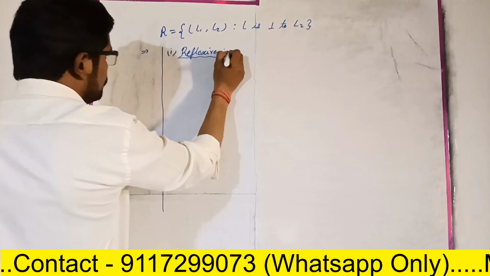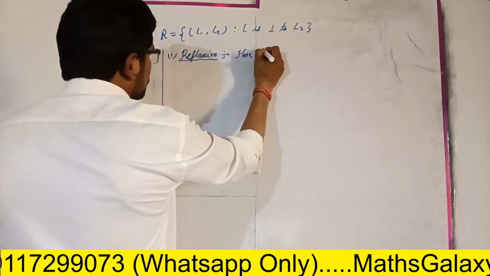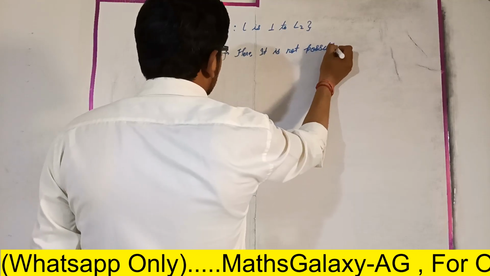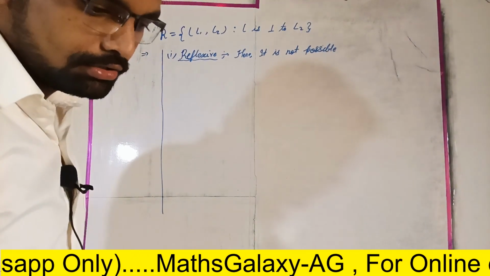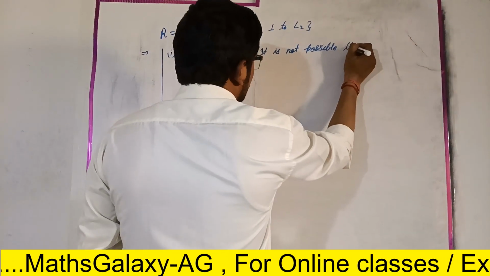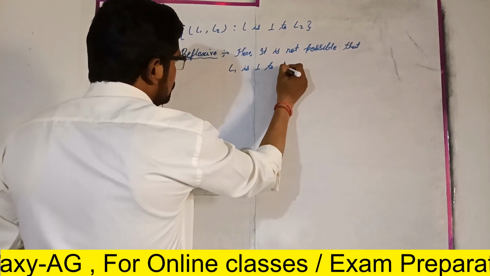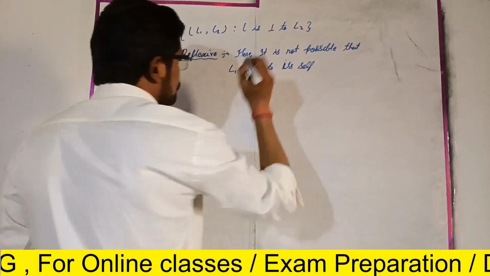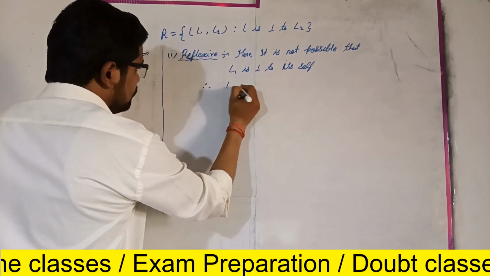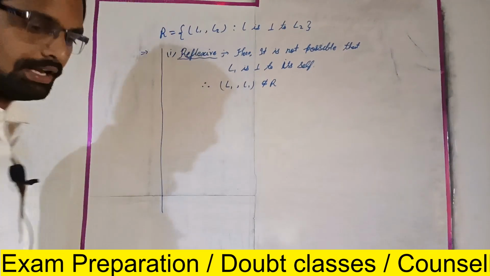Here it is not possible that L1 is perpendicular to itself. Therefore L1 doesn't belong to R.